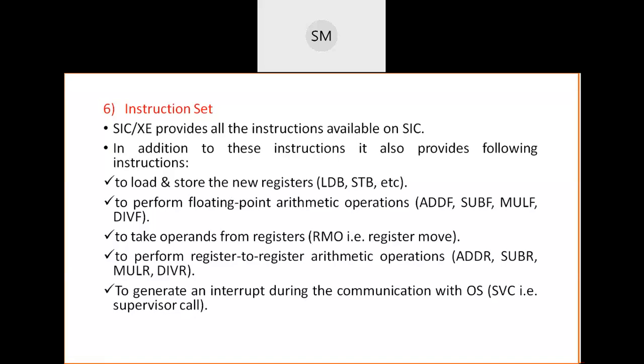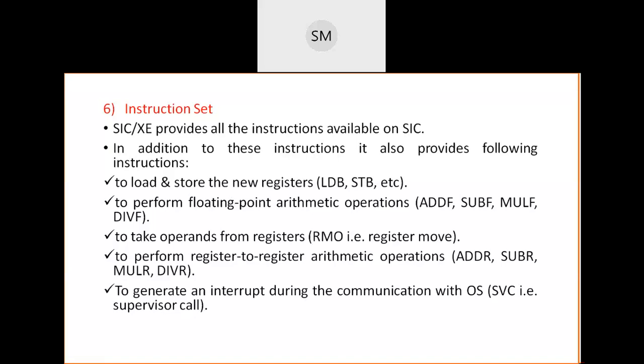Those are B, S, T, F. So these 4 extra registers can also be used to store or load some data. So here the extra instructions are LDB, STB, or LDT, STT, because the available registers are B, S, T, F. Among these, S and T are general working registers, as I already told you.